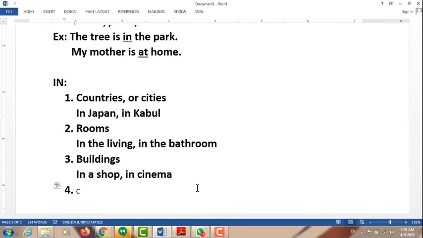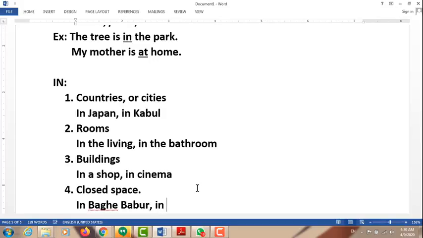In what kind of spaces? Closed spaces. Closed spaces means the area that is closed. For example, a park. You say in Baobab Garden, because it's a closed place. It's a garden.